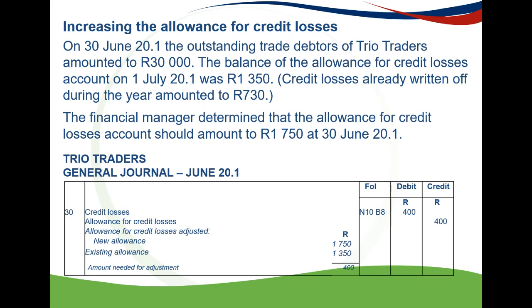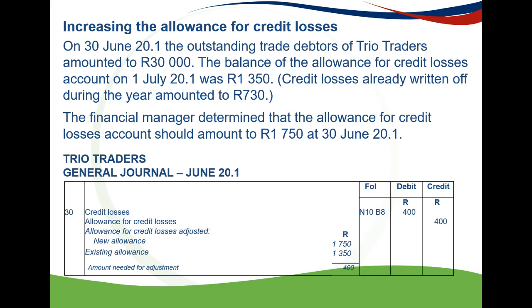Because at year end, the amount that we show for our trade receivables should be the amount that we expect to receive. And if we have doubts that there might be debtors not able to pay us, we must bring that into account. So if we already have an allowance, we will have to adjust it, because it can either go up or it can come down.